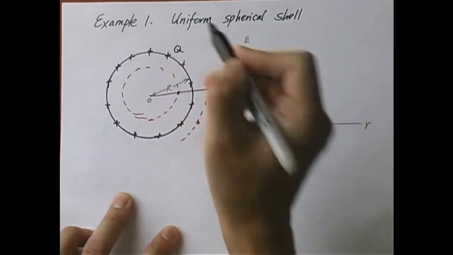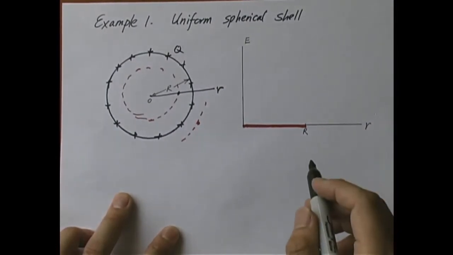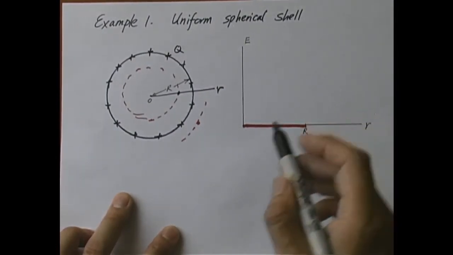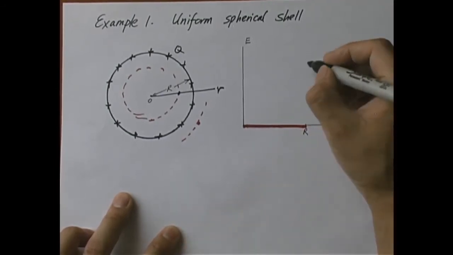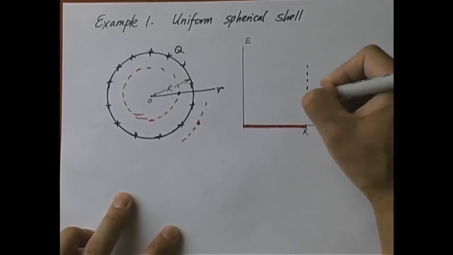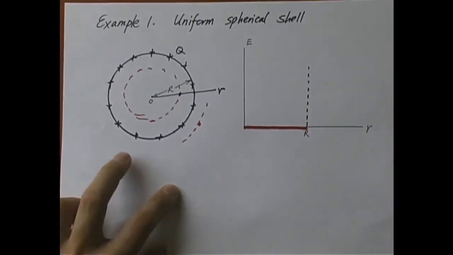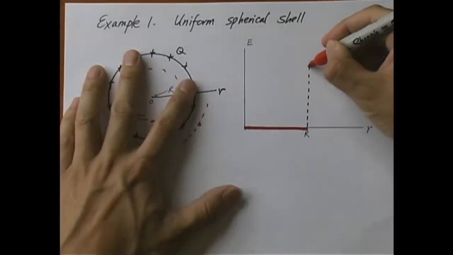And therefore, outside the Gaussian surface, the electric field jumps abruptly to kQ over r squared, or Q over 4 pi epsilon naught r squared. So it jumps. And it's inverse squared, like this.